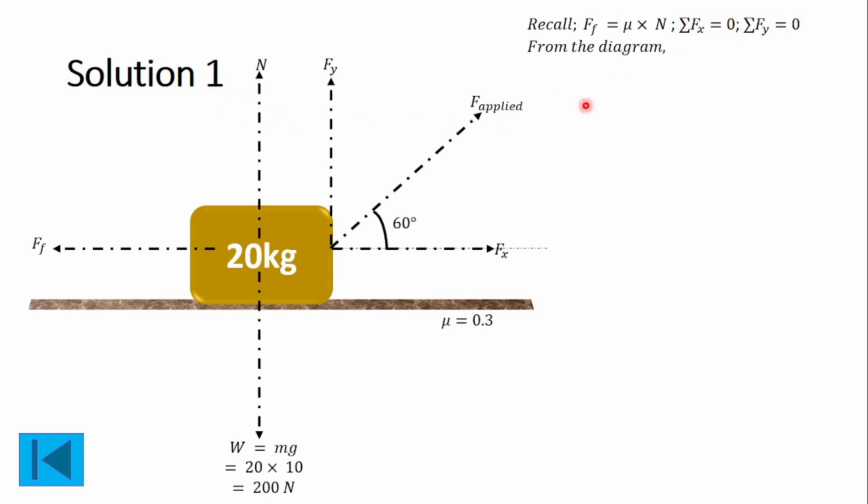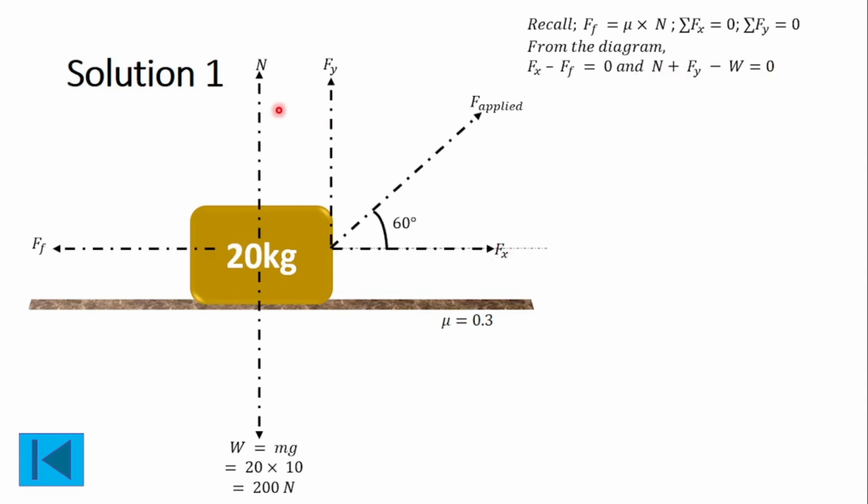From the diagram, the summation of F sub x will be equal to F sub x going rightward minus F sub F going leftward, because the body will move in the direction of application of the force. So F sub x minus F sub F equals 0.